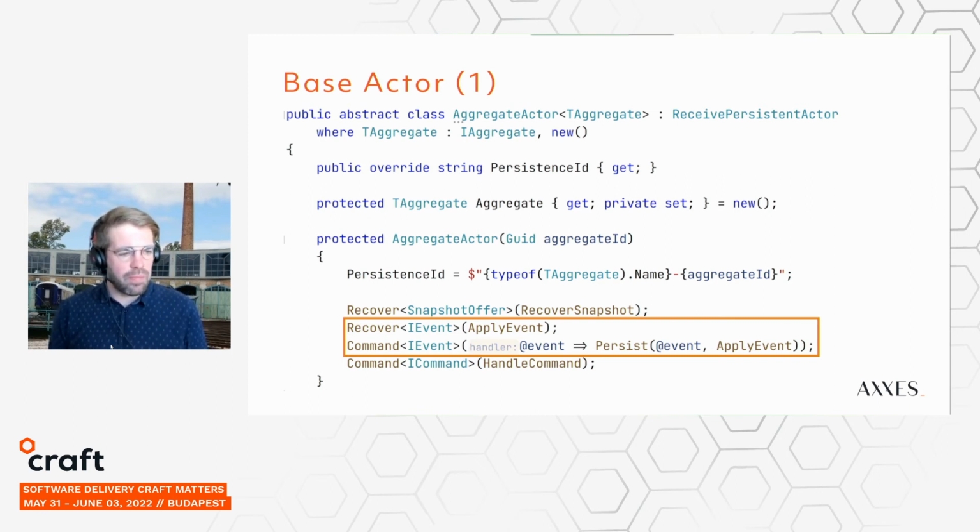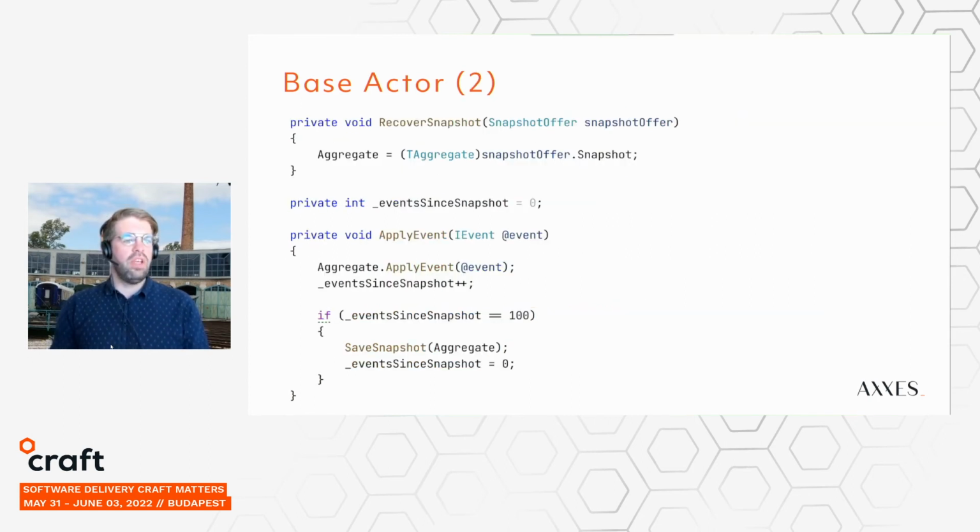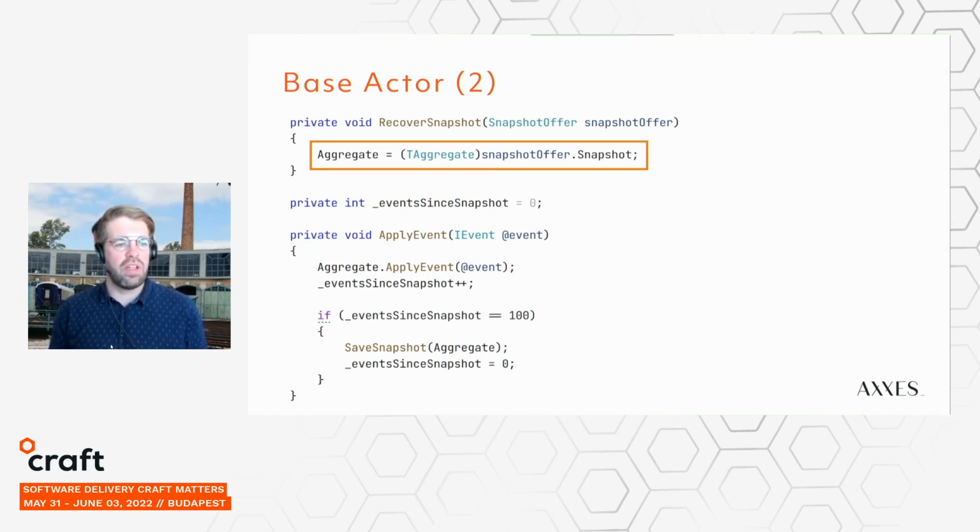And what you'll see is I'm getting events in, I'm getting commands in, and I'm getting a snapshot offer in, right? So what do these methods all do? If we're going to recover a snapshot, which is basically the snapshot coming from the database when the actor first starts, all we're going to do is replace our aggregate, right?